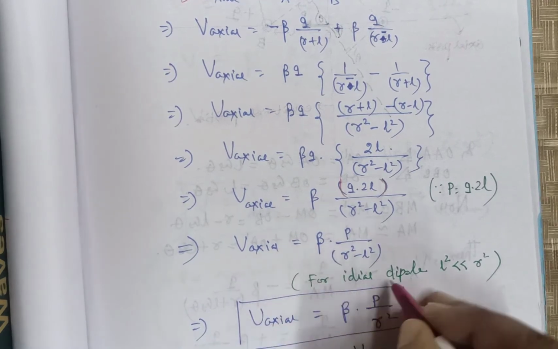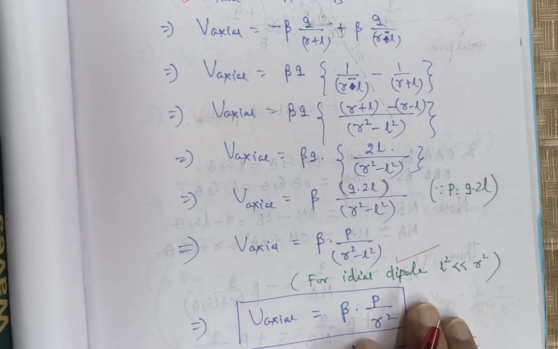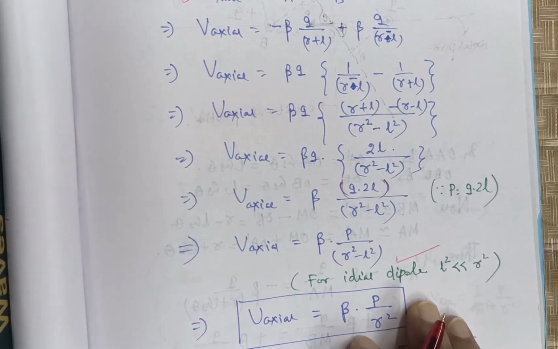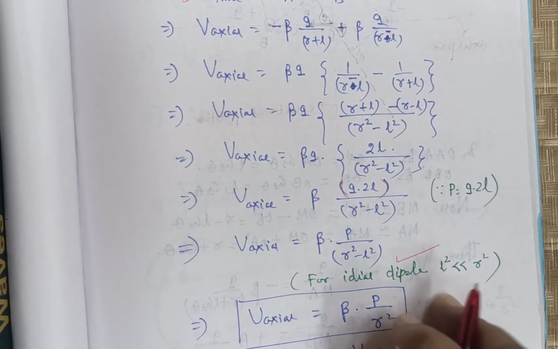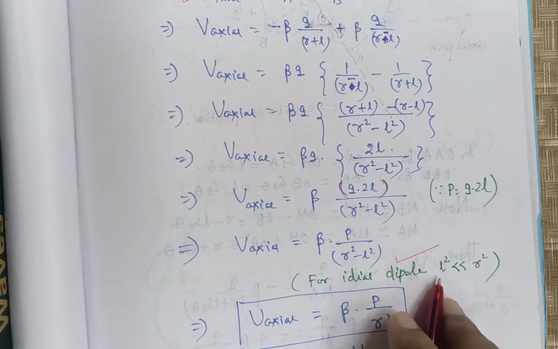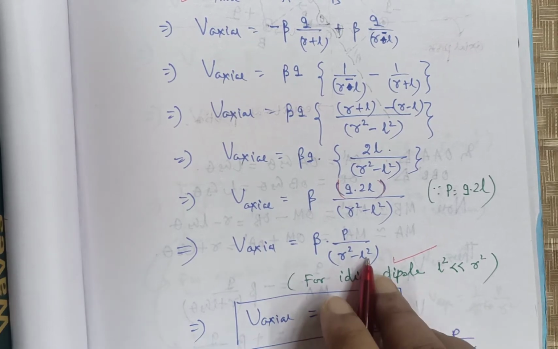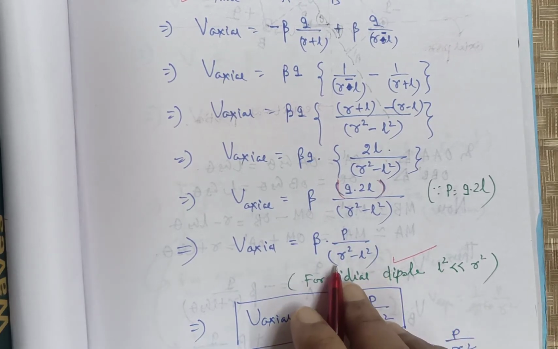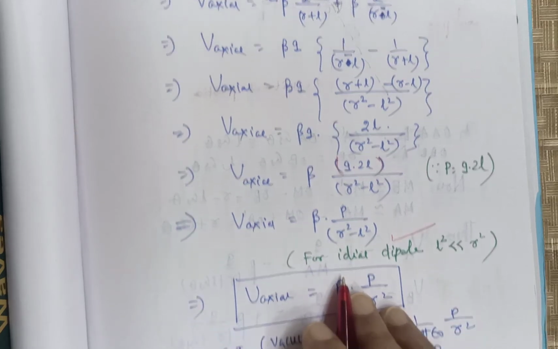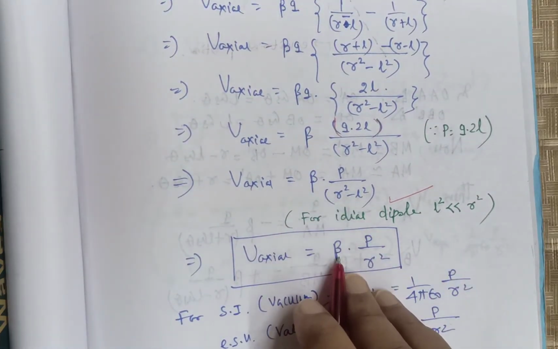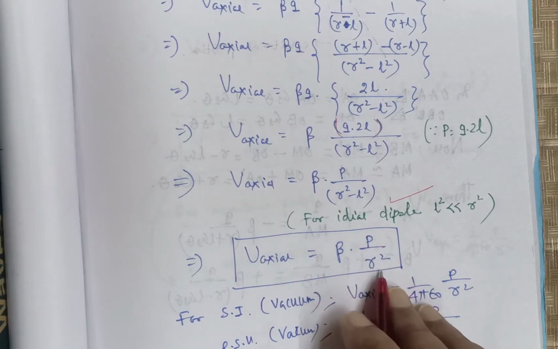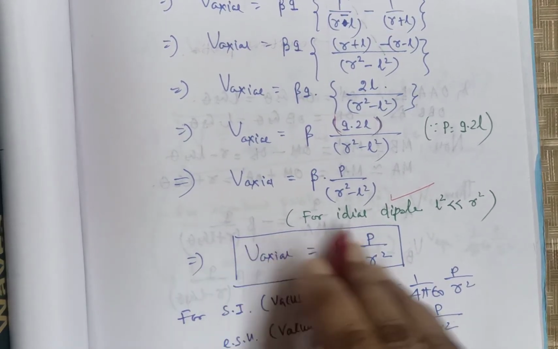As we are discussing an ideal dipole, it means the dipole length is very, very small. That 2l is very small. If you take the square, then that term will be again very small. That's why the l square term is neglected with respect to the r square term. So our answer is beta P by r square. This is a formula we have to remember.